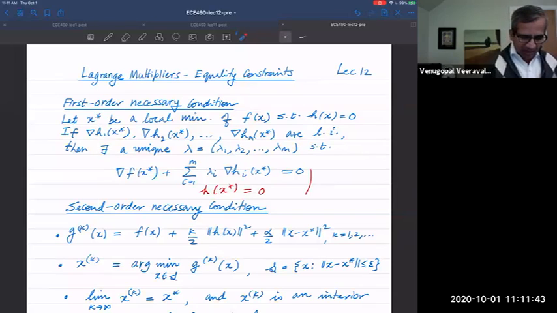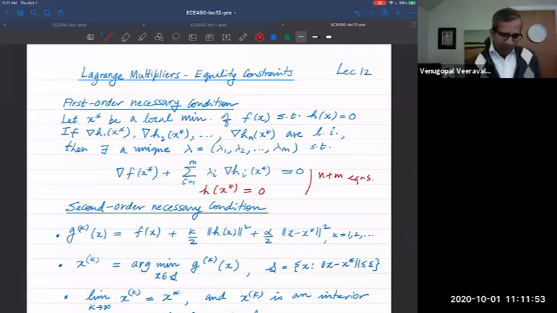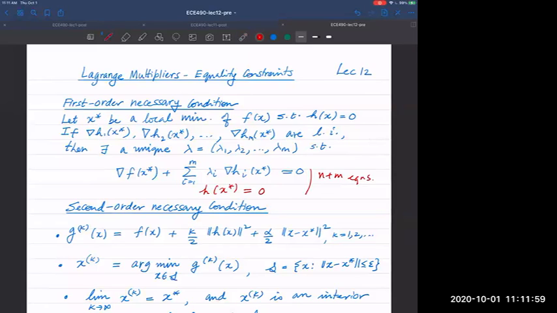So these are n plus m equations. And how many unknowns do we have if we want to solve these equations? N plus m, also.